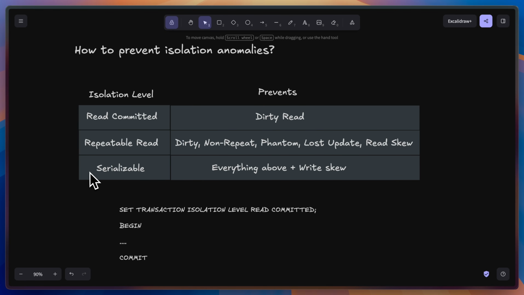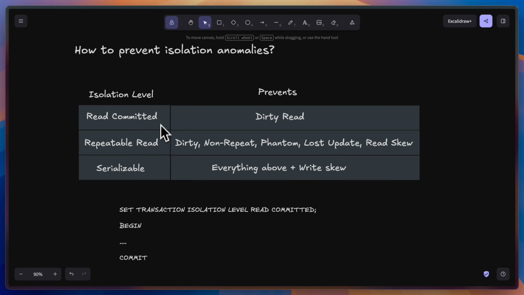If you select serializable, then the performance will degrade, but you would prevent all the problems. And if you select read committed, then the performance will be very good, but you would not be able to prevent all the problems which I have mentioned over here, like non-repeatable read, phantom read, etc. So this is the trade-off.